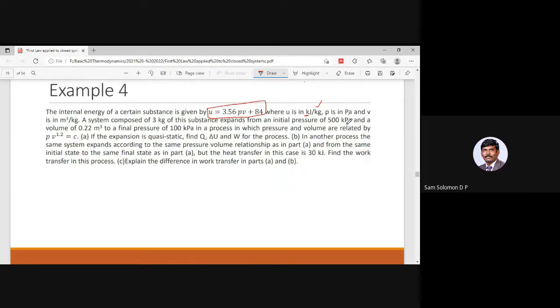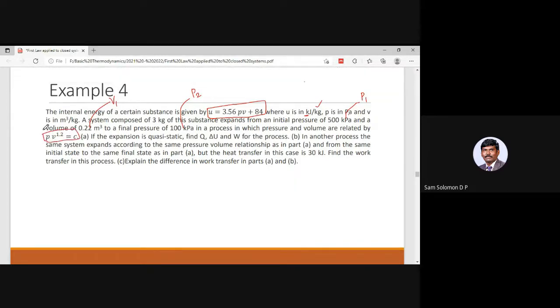Okay, a system composed of 3 kilogram of the substance expands from an initial pressure of 500 kilopascal and a volume of 0.22 meter cube. So they have given you the initial pressure P1, the initial volume V1, and the final pressure P2. You can see that there is a change in pressure, so it's not a constant pressure process, and the pressure and volume are related by PV to the power 1.2 equal to constant.